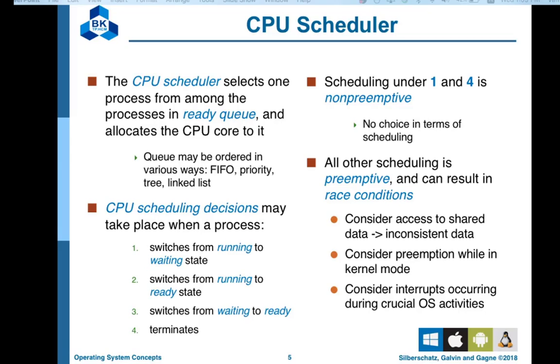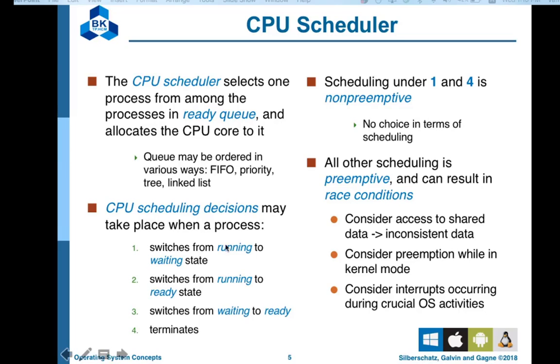And in a preemptive scheduling, a running process can be preempted by another process. It means that while a process is running, another process comes and takes away the CPU to execute. This mode of scheduling will cause some problems in synchronization, and can result in race conditions. This we will discuss in more detail in the chapter on synchronization.